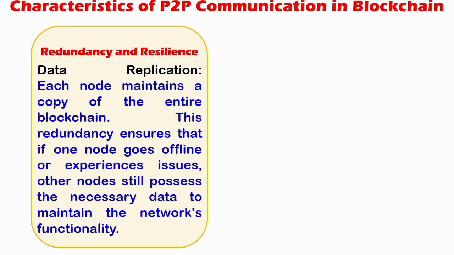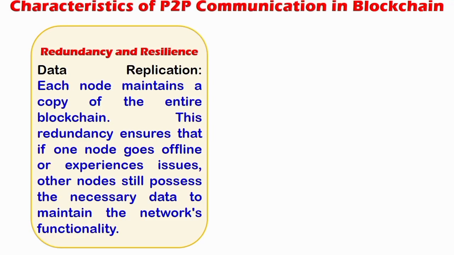Let's explore the characteristics of peer-to-peer communication in blockchain, focusing on redundancy and resilience. Picture this. Every computer or node has a full copy of the entire blockchain. This redundancy is like having multiple backups.